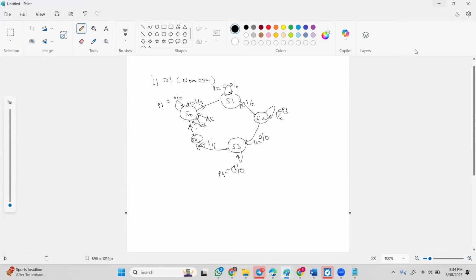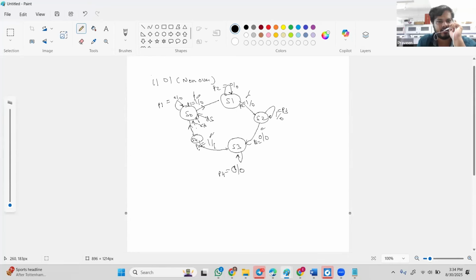Can you repeat, starting from S node? Yes. When I'm at S node and P1 equals 1, then I'm going to reach S1. Hari, you also have to listen and check whether it is correct or not at the last.